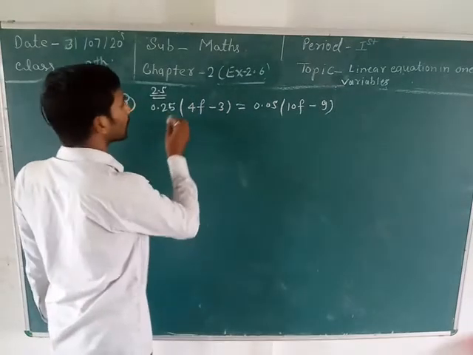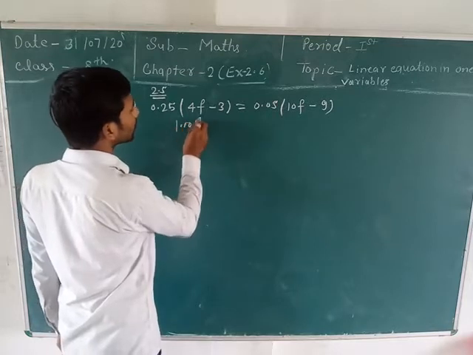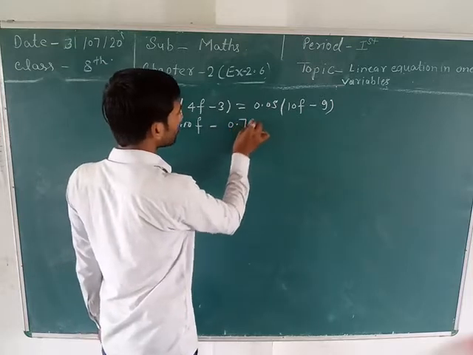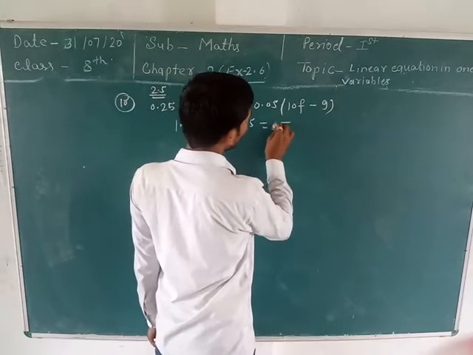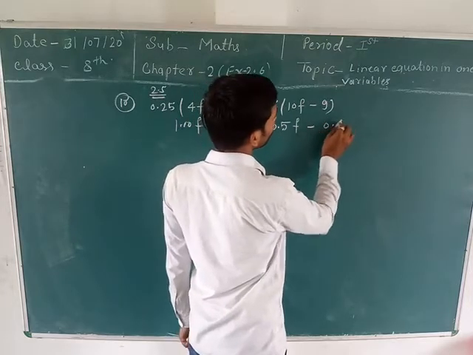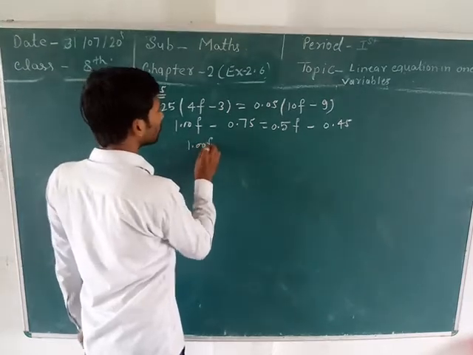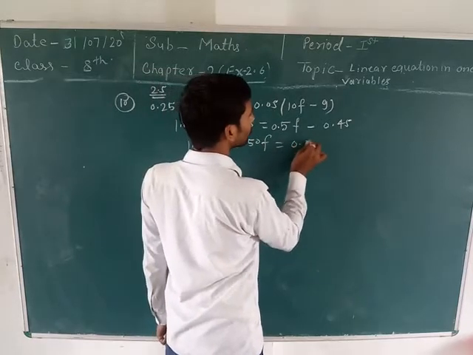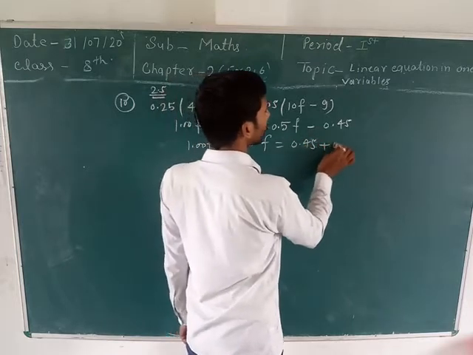Then we have 1.00f minus 0.75 equal to 0.5f minus 0.45. Then 1.00f minus 0.50f equal to 0.45 plus 0.75.